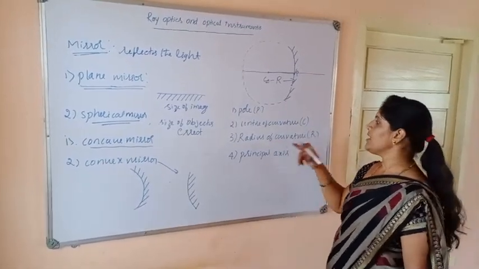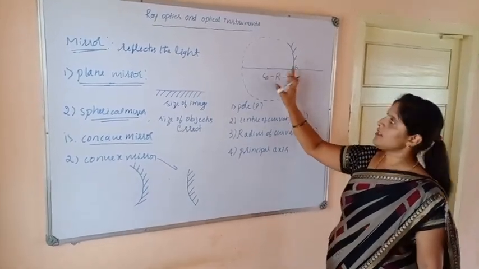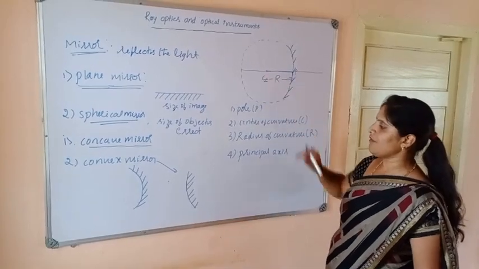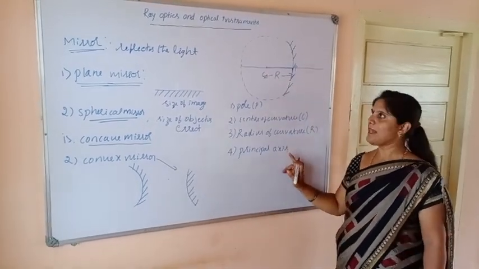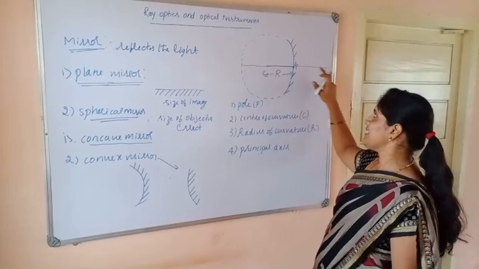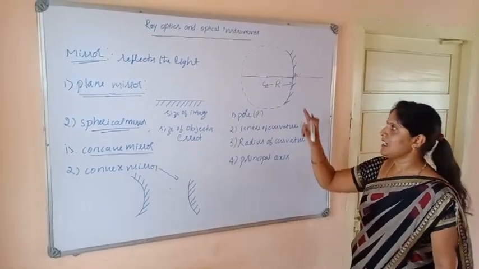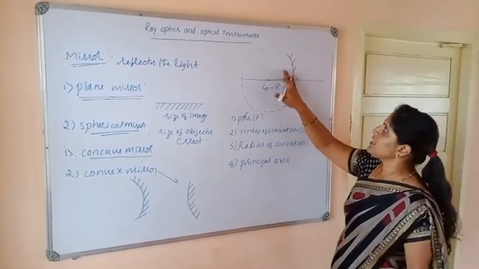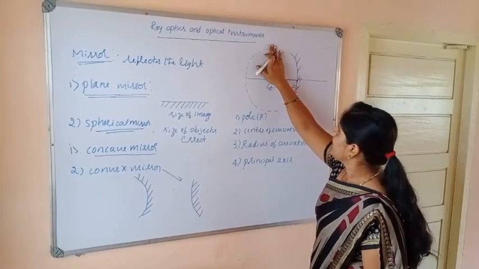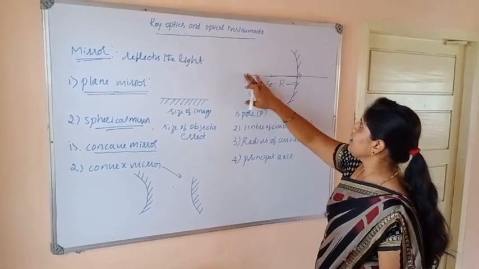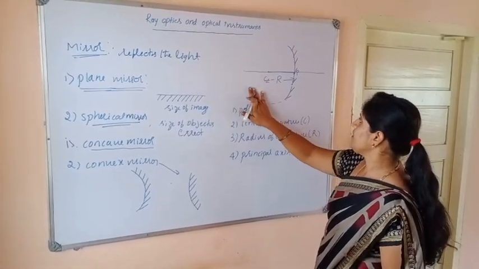Radius of curvature is the distance between the pole and center of curvature. Principal axis is the straight line joining the center of curvature and pole. The circle is not necessary, but for your convenience you can draw it.